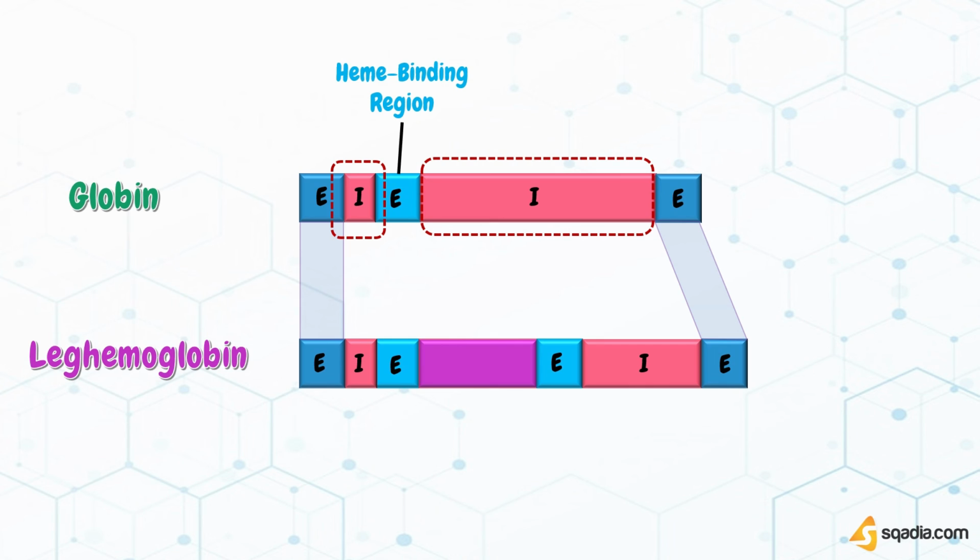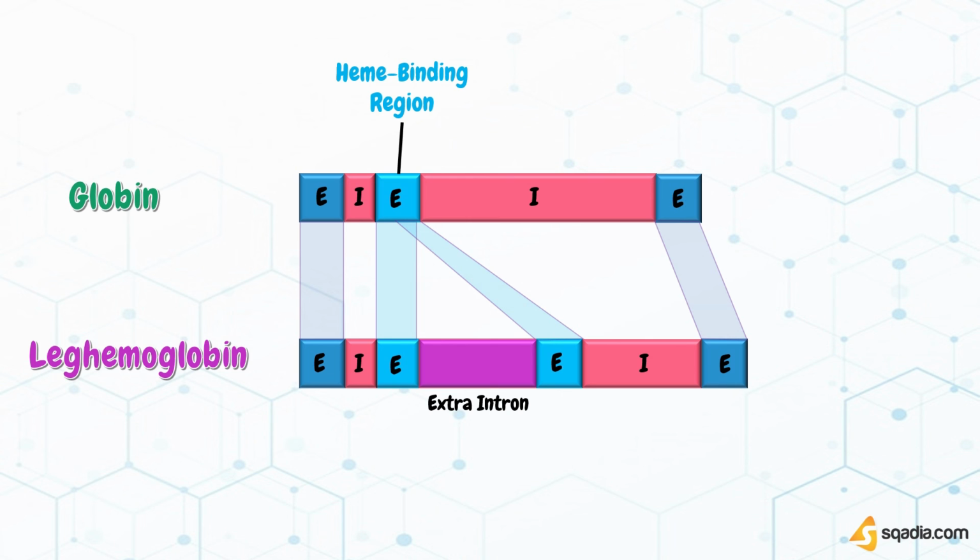The central intron of leghemoglobin separates 2 exons that together encode the sequence corresponding to the single central exon in globin. The functional heme-binding domain is split into 2 by an intron. So, the exon structure of globin genes corresponds to protein function, but leghemoglobin has an extra intron in the central domain.